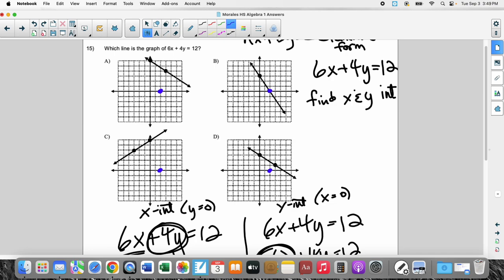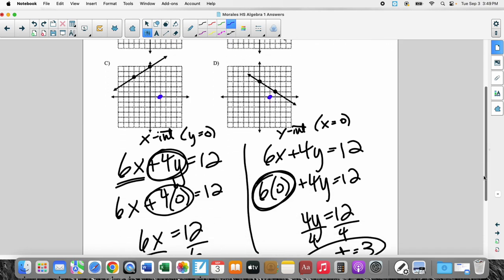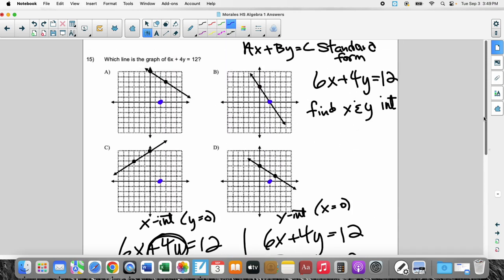Well, we don't have to move on because no other graph other than B shares those points. But let's just make sure my y-intercept is 3. The y-axis is 3. So that's kind of close. D was kind of close, but the correct answer is B. That is the graph of the equation.